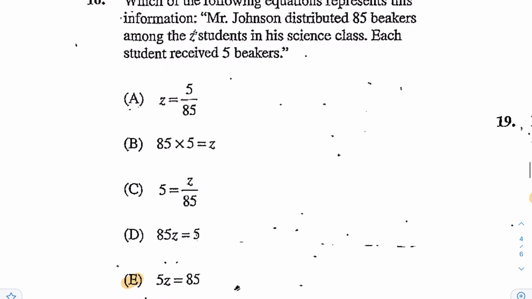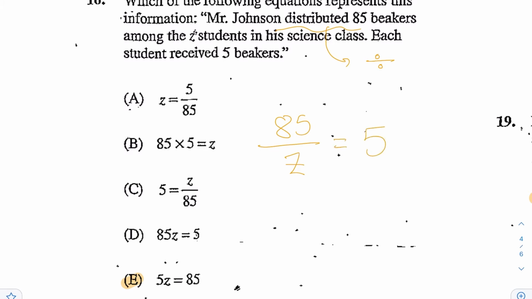Next, for number 16, which of the following equations represents this information? Mr. Johnson distributed 85 beakers among the Z students in the science class, and each student received 5 beakers. So when you distribute equally, that means to divide. Now, we know that 85 is a total, and if you divide it among Z people, you get 5 beakers per person.